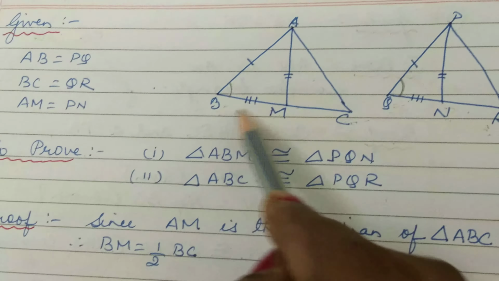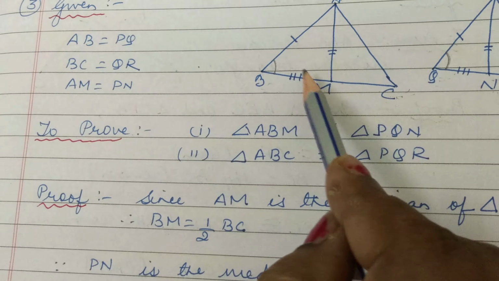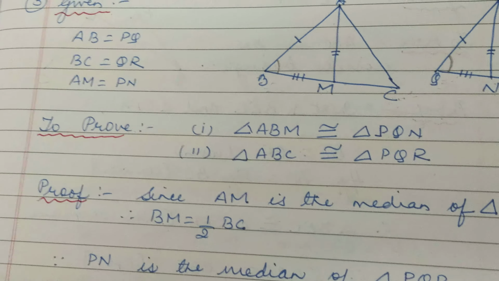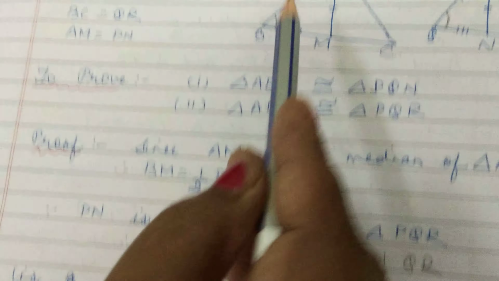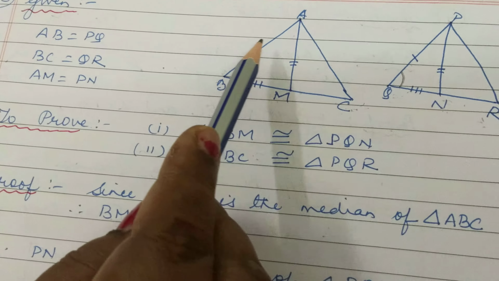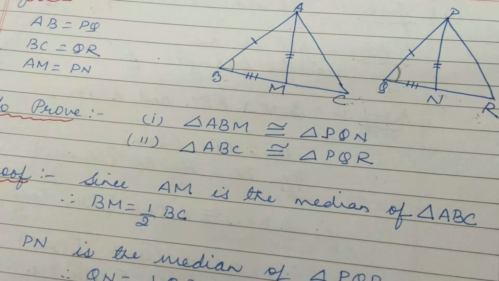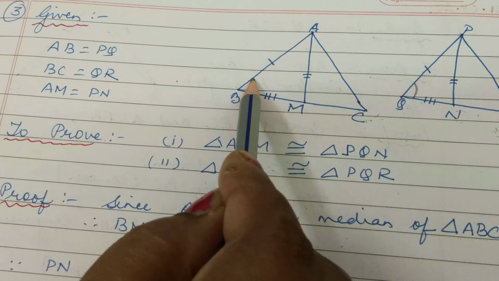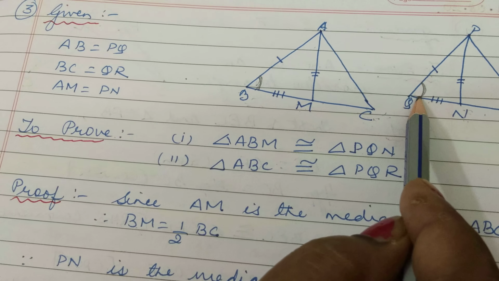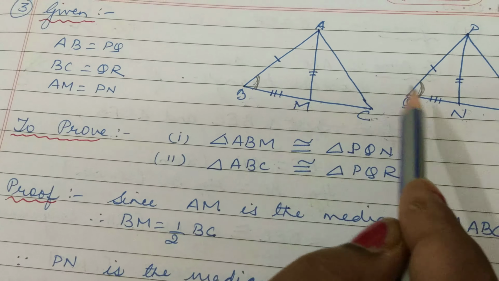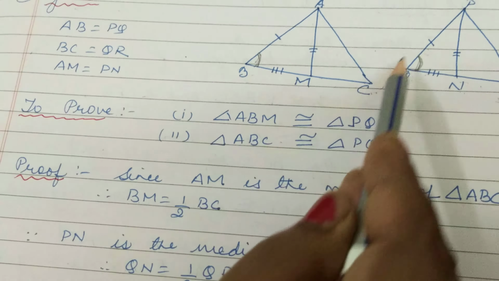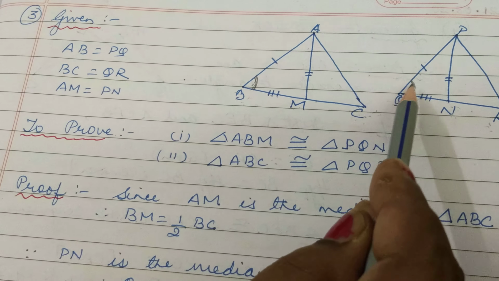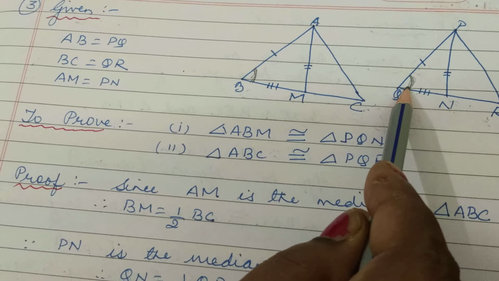Now let us prove the second part. We have to prove that triangle ABC is congruent to triangle PQR. For this, we have taken the two triangles in which AB is equal to PQ, given. Angle ABC, or angle B, is equal to angle Q. Just now we have proved, because triangle ABM is congruent to triangle PQN, so angle B equals angle Q by CPCT.